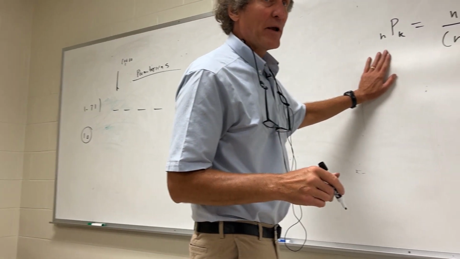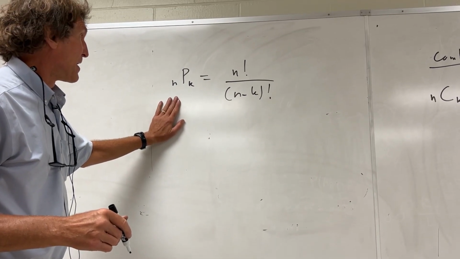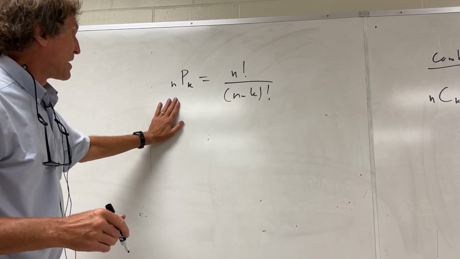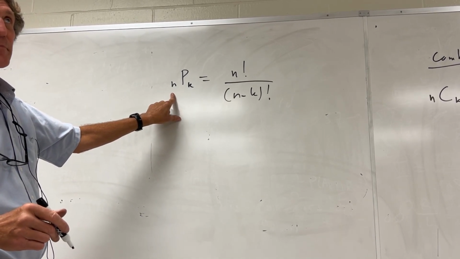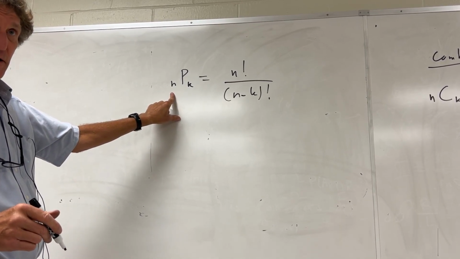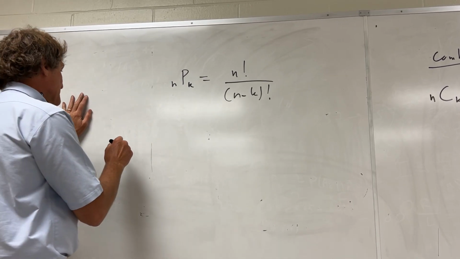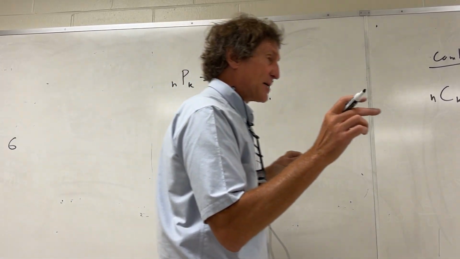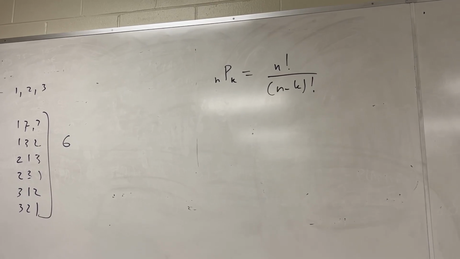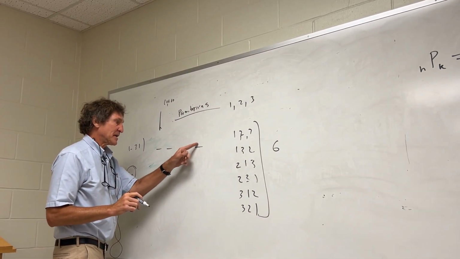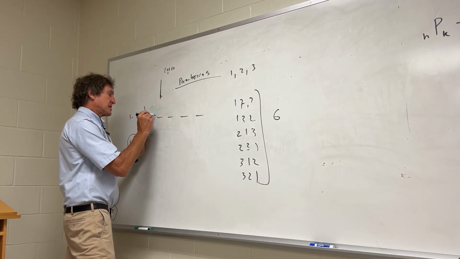All right, we have 10,000 possible combinations, right? Let's see if this works. So we have 10,000 possible combinations. For each one of these, we have the numbers 0 to 9.